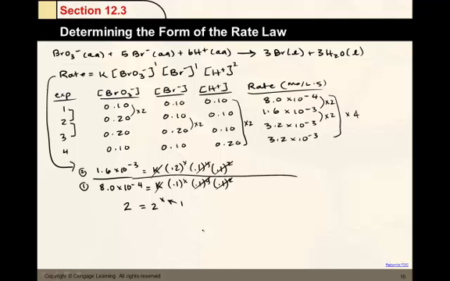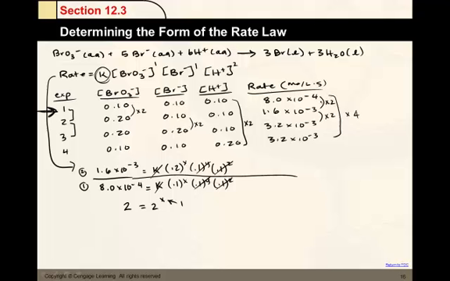Another question you might have to do would be to solve for the value of k. That's a very common question. Pretty easy to do. You pick any experiment once you have your exponents, in this case 1, 1, 2. You pick any experiment, could be experiment number 1 or 2, 3, or 4, and you plug in the information. You plug in the rate.